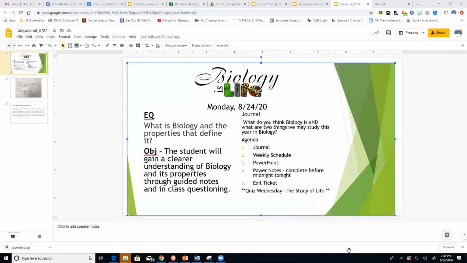Does anybody have a couple of things you think you might be studying while in biology? What is one instrument that you have to use in biology that maybe y'all didn't use a lot in junior high to look at very small things?